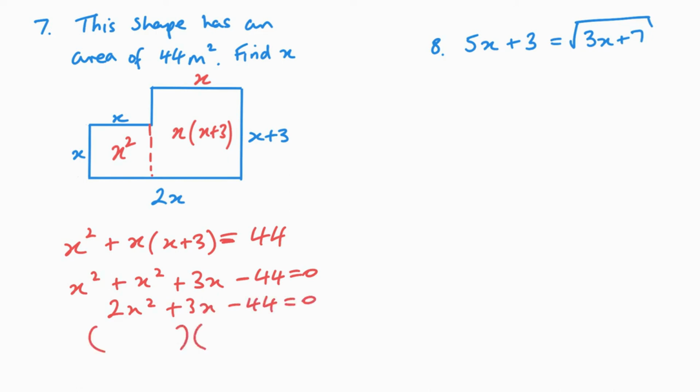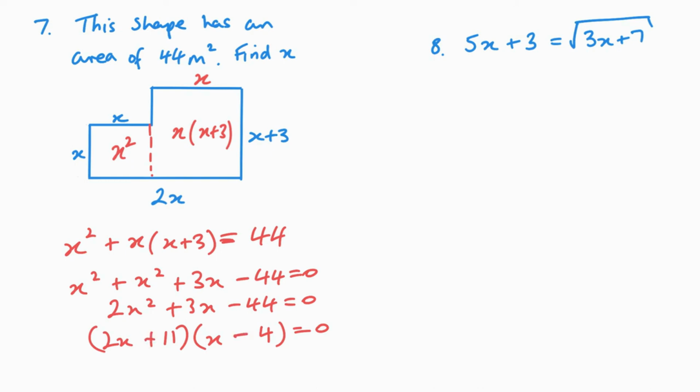So let's start it off. We know we've got to have a 2x and an x. 44, immediately what jumps out there is 4 and 11. And let's have a look. Yeah, 2 4s are 8. 8 and 11 has a difference of 3. So I'm positive 11, take away the 8.